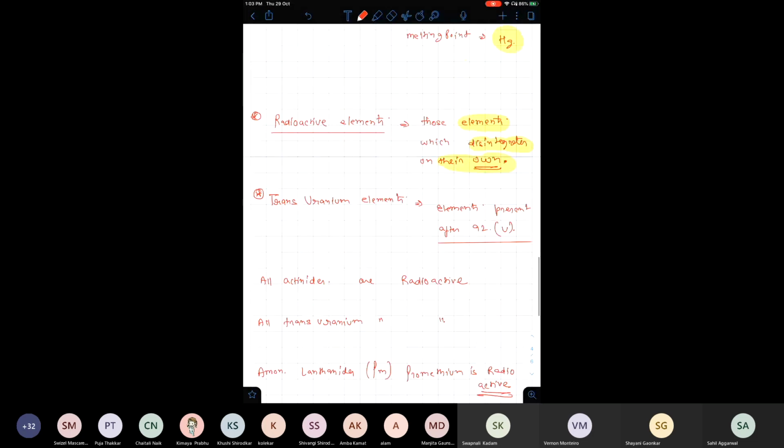This was some of the information regarding the modern periodic table. Now the important thing we should know, let's write one more: nomenclature of elements from atomic number greater than or equal to 100.